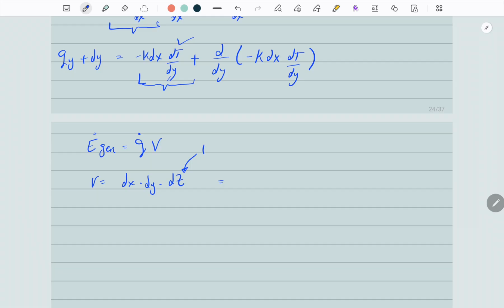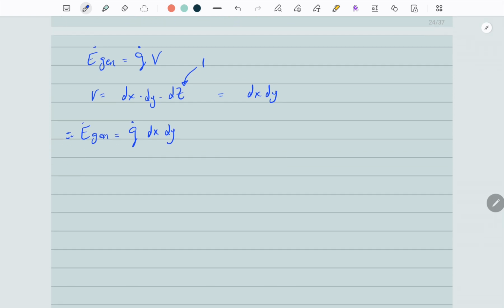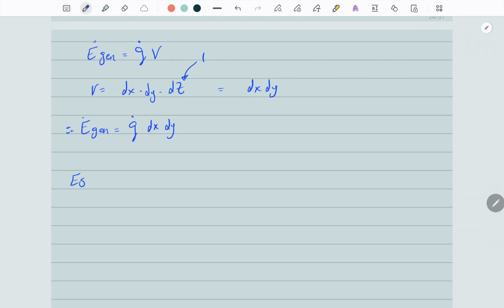Therefore, volume equals dx dy. Therefore, energy generated equals q dot times dx dy. Energy stored equals mass times Cp times delta T over t. This here is time.